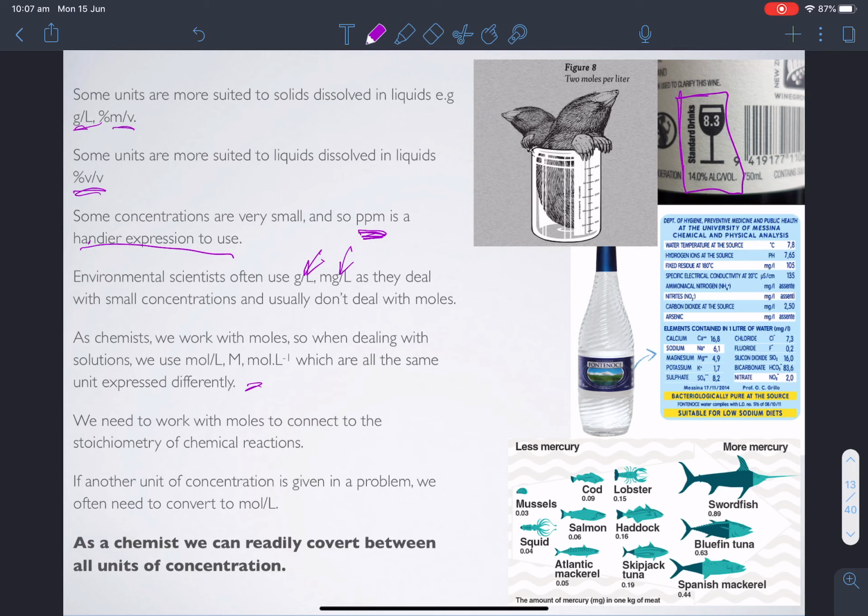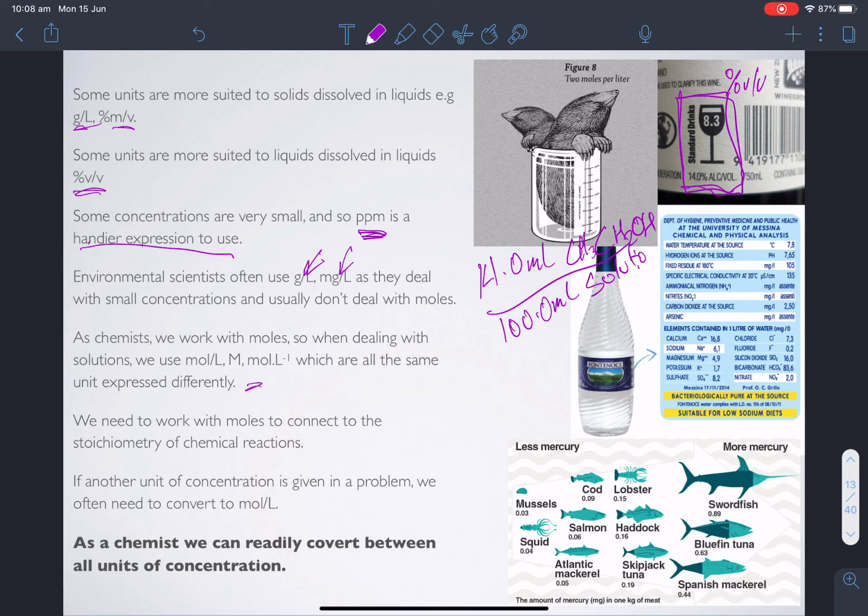But look on here, different things with different concentrations. Look at this label. 14% alcohol to volume. So we don't know what it's talking about, but I'd say it's percentage volume to volume. So it's saying that there's 14.0 milliliters of alcohol, or ethanol, 14 mil per 100 mil of solution.